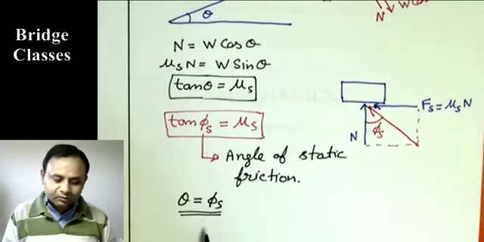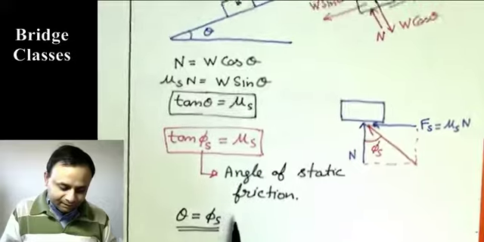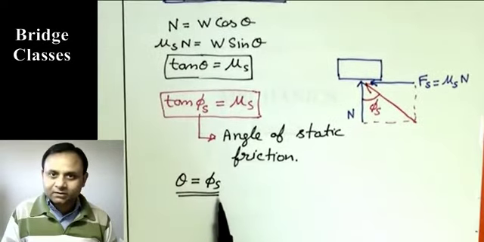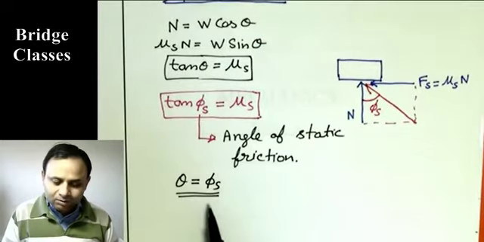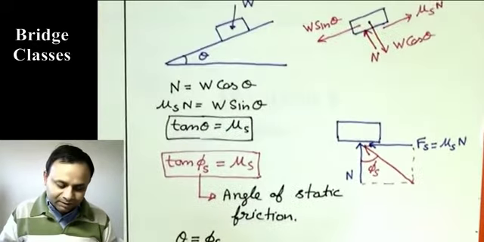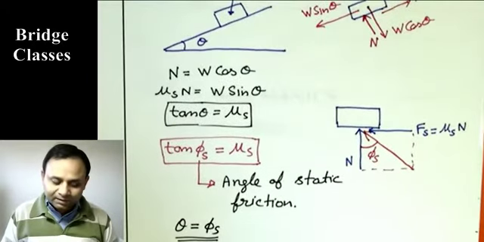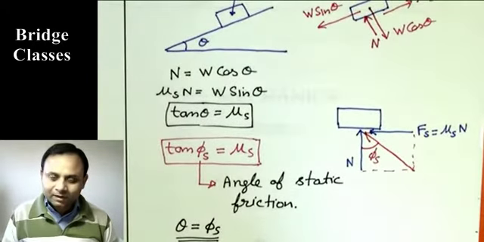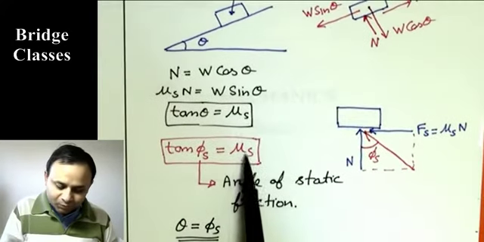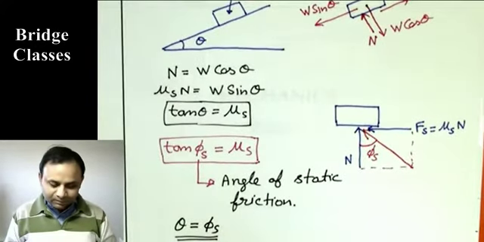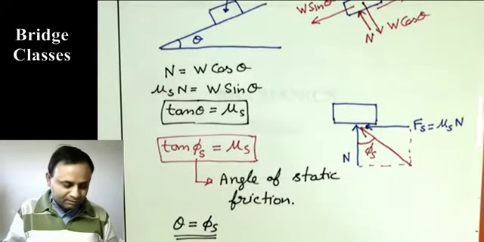So the body will begin to slip when this angle theta equals the angle of static friction phi s. You can also think of this experiment as a very simple way to determine mu s, because we can keep on increasing angle theta and it begins to slip at some angle theta, and mu s will be just the tangent of that angle. Okay, now I want to use this to explain a relatively more difficult problem.